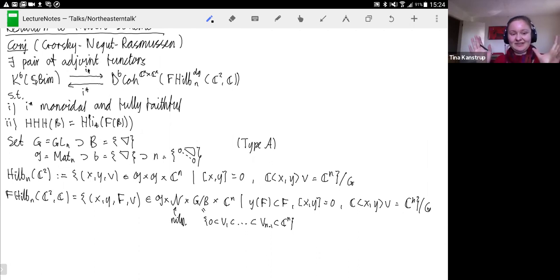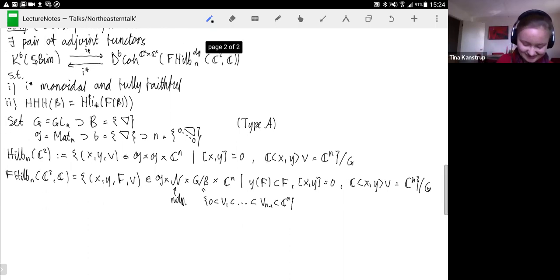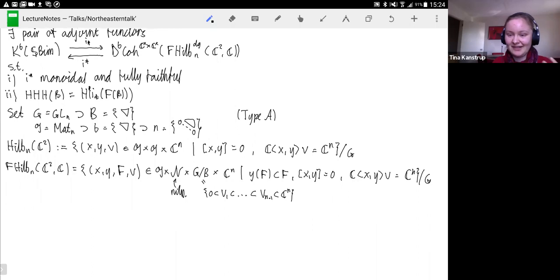But if you have a sequence of ideals, you can just drop one of them and then you have your correct dimensions. So this is their motivation, I think, for why you would want to have this flag version.